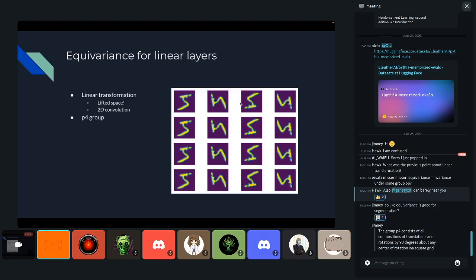So they compute features for all possible rotations. And of course, they don't store those features explicitly, but they use the value of the image at the top left pixel after rotating and translating it by all possible group elements.